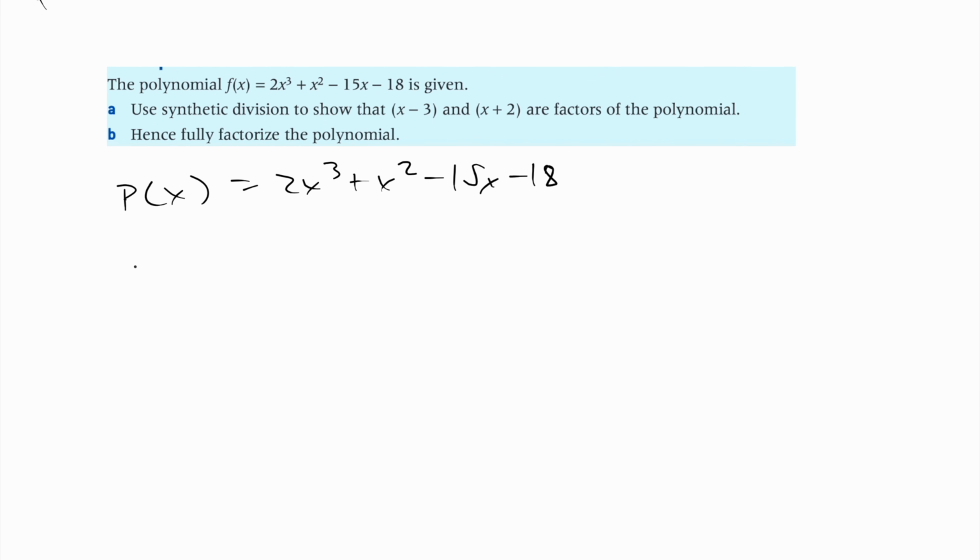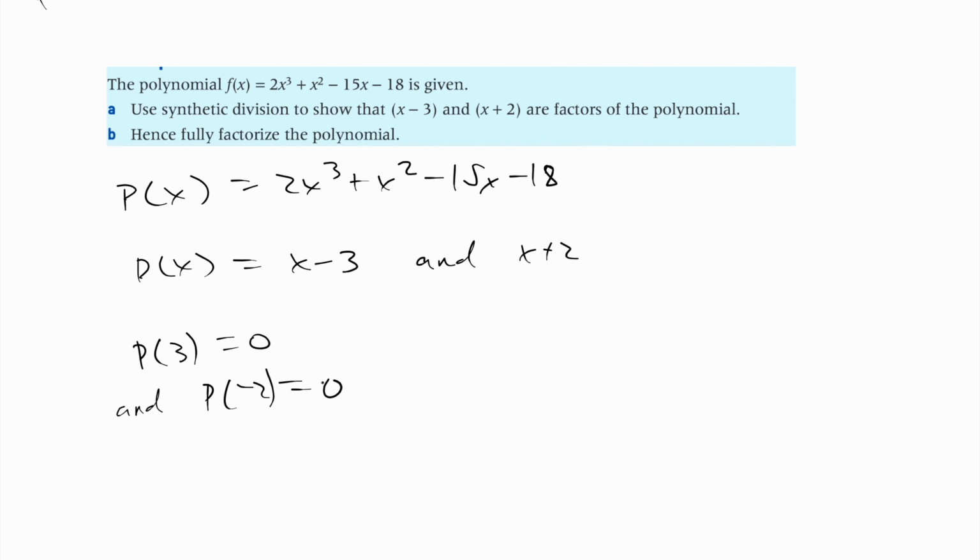So our divisors, D of X, are x minus 3 and x plus 2. We assume that these are factors, meaning that P of 3 will be equal to 0, and P of negative 2 would be 0. We assume this, but let's actually check if it is really true.